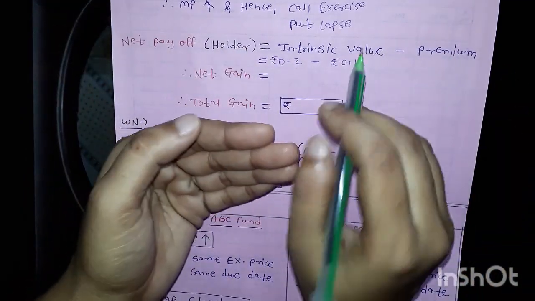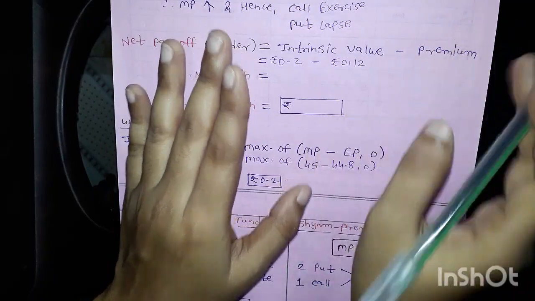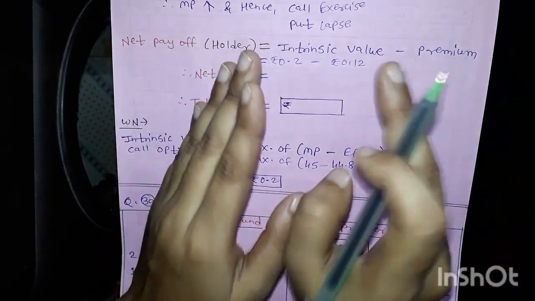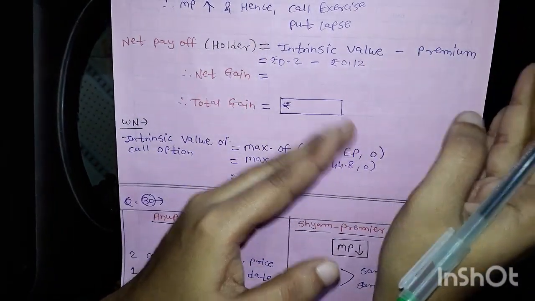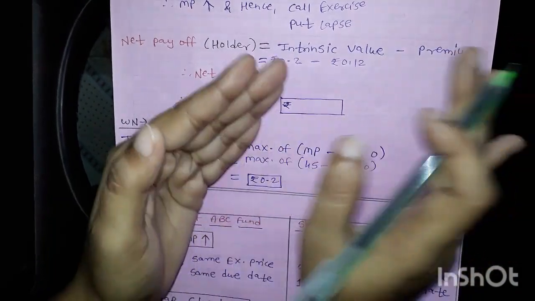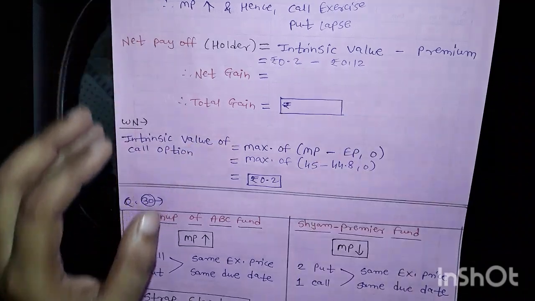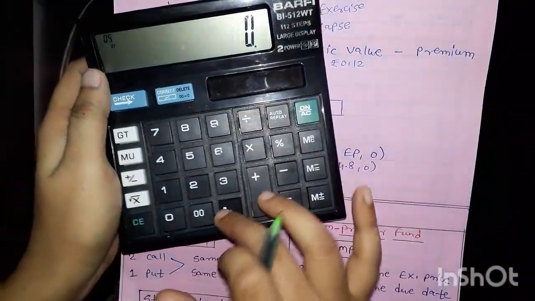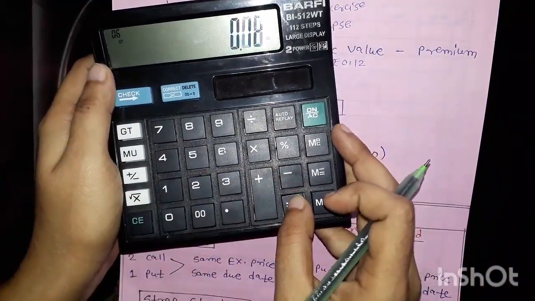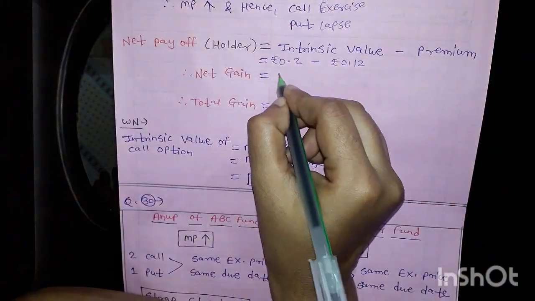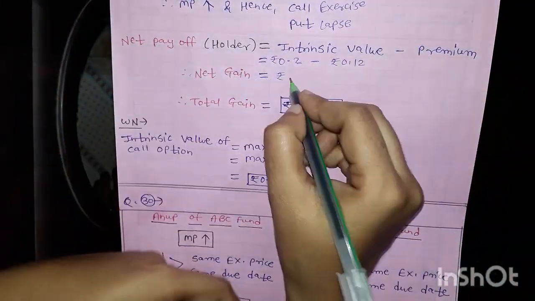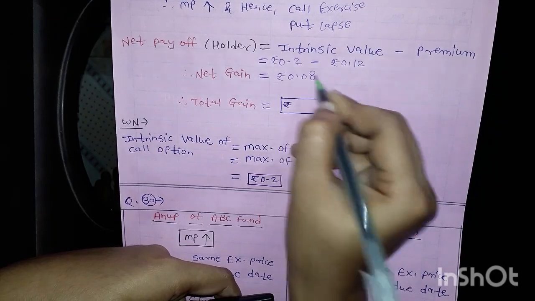So here we are exercising the call option, it means we have to write the premium of call option only. We are not going to use the premium of put option, because he is a holder, not a writer. So 0.2 minus 0.12, it is a gain, because a positive figure is there, so 0.08 is my gain.